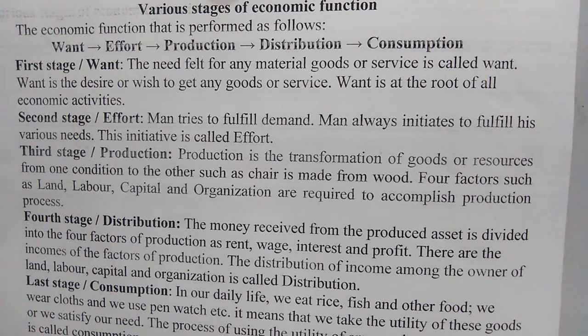Then, fourth stage of economic activities, that is distribution. The money received from the produced asset is divided into four factors of production as rent, wage, interest, and profit. That is, the owner of land is given rent, the owner of labor is given wage, the owner of capital is given interest, and the organizer is given profit.